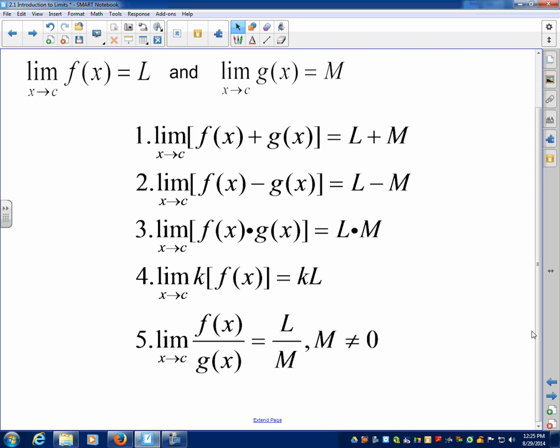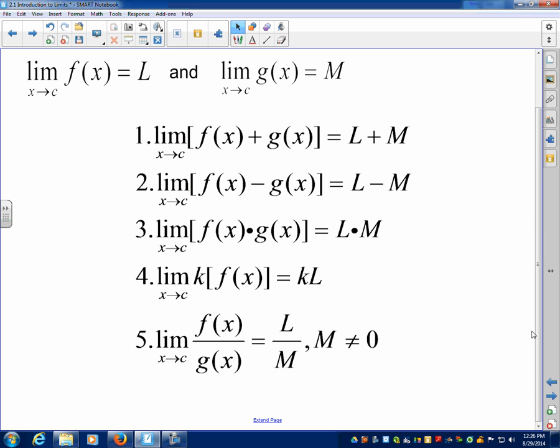Well, matrices are not commutative over multiplication. The order matters. So the big question here is, can I do the 4 operations with limits? And the answer is yes. Yes, you can. So you could pretty much just do whatever you want with them and separate them out in whatever way you want.